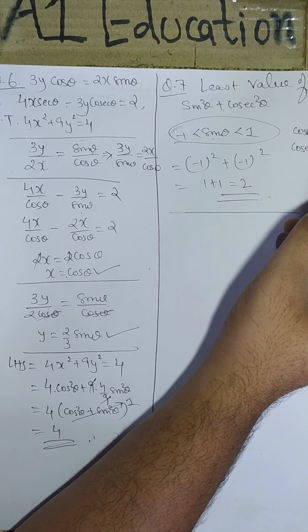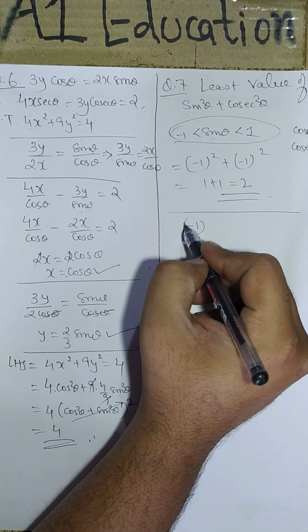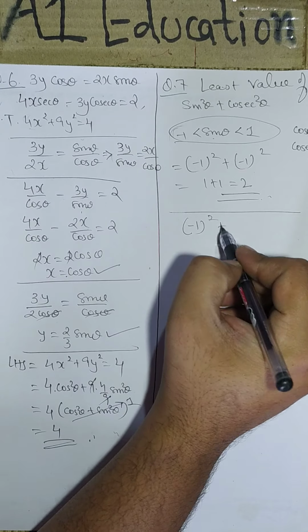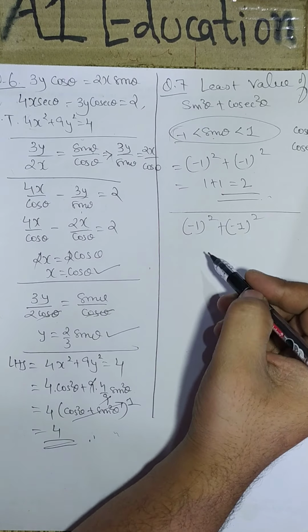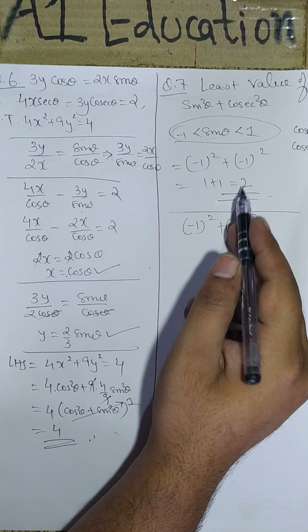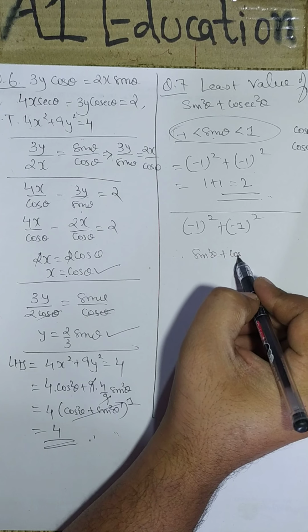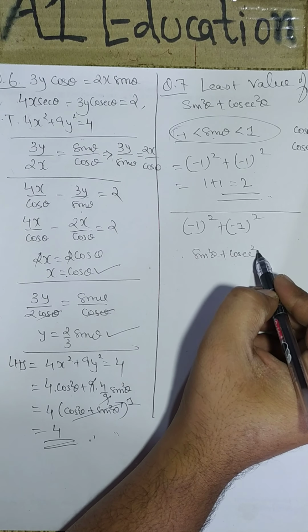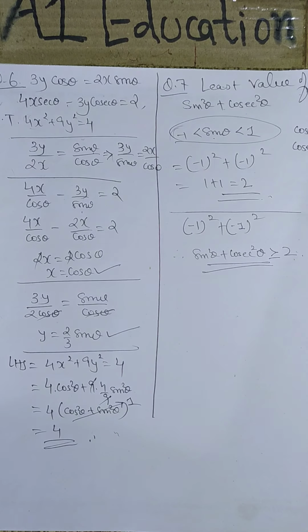So we take -1 as the least value. So similarly, the least value for sin square theta is -1 squared, and least value for cosec square theta is -1 squared. Hence, the least value is 2. So we can say that sin square theta plus cosec square theta will always be greater than or equal to 2. The least value possible is 2.